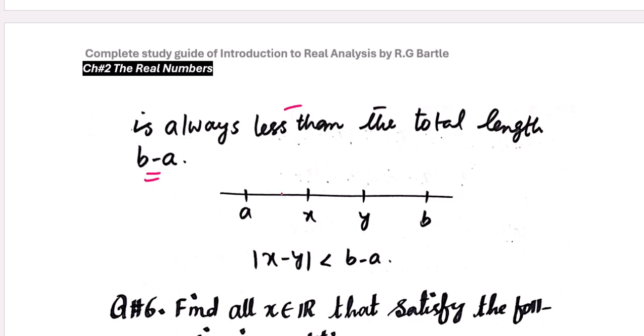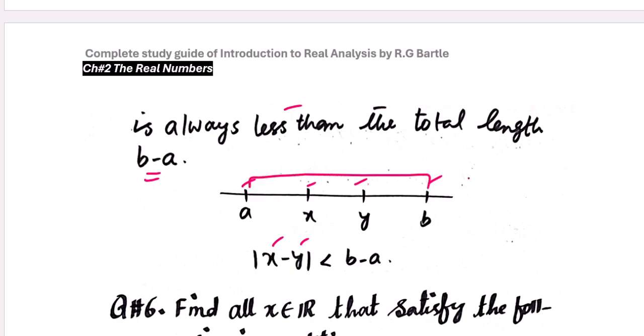Look here, this is my first number A and this is my second number B, and X and Y are any two real numbers between A and B. Possibly Y is greater than X or Y is less than X. So for the safe side, we take the absolute value of their difference, X minus Y. So the absolute value of X minus Y is always less than the total length B minus A.